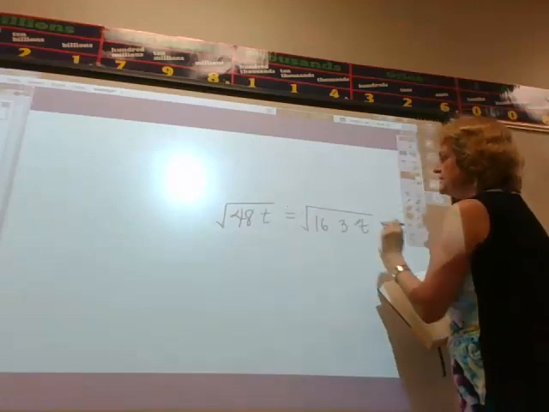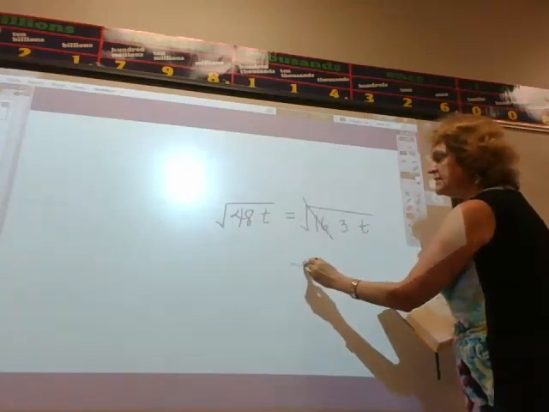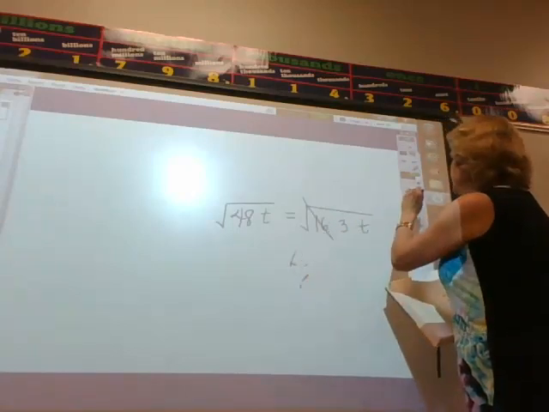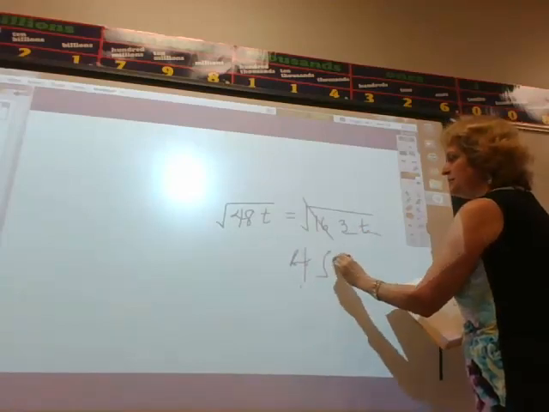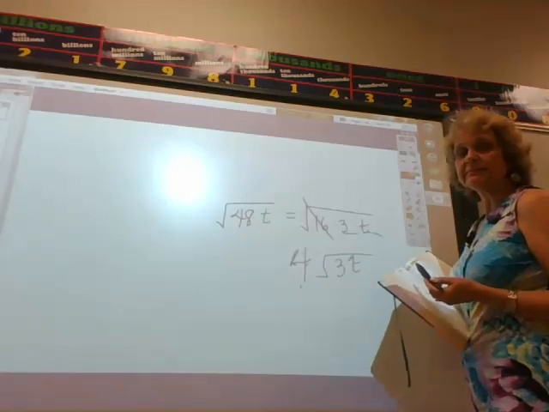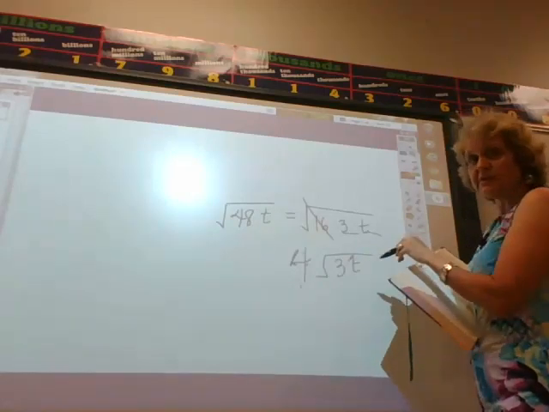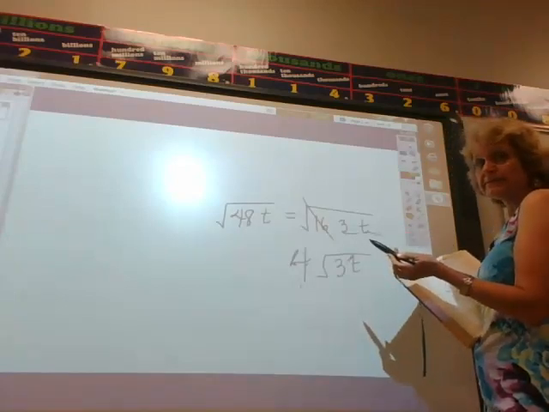And then, of course, the t. All right, so what comes out? Well, the square root of 16 is 4. But what's left underneath? The 3 and the t. So 4 radical 3t. So sometimes you'll have a letter left under there, a variable, and that's okay. Okay, you can't pull it out if it's not squared.